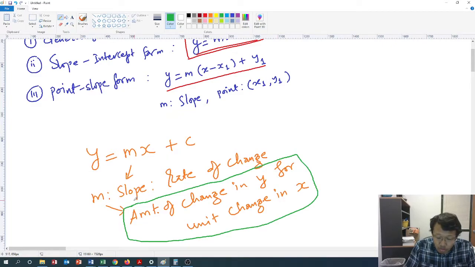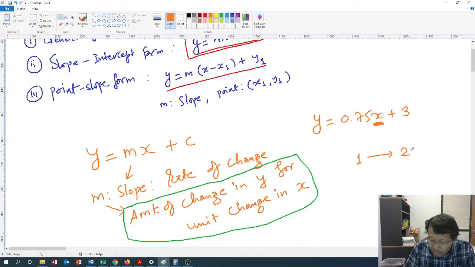So m is the slope or rate of change, which means it is the amount of change in y for unit change in x. Suppose you have, let's say, y equals 0.75x plus, let's suppose, 3, then for 1 unit change in x, if x goes from 1 to 2, then we expect that y will change by 0.75, something just like this, okay?